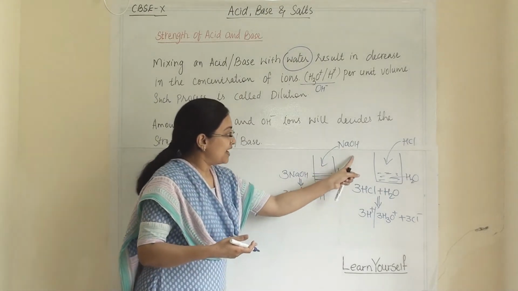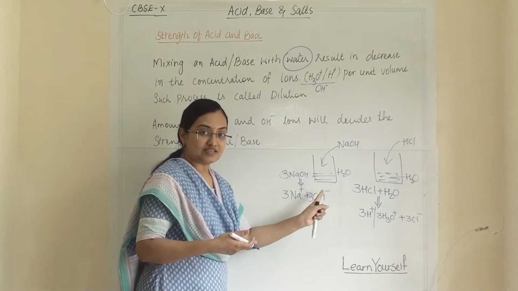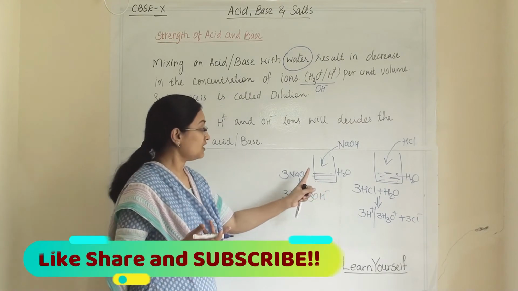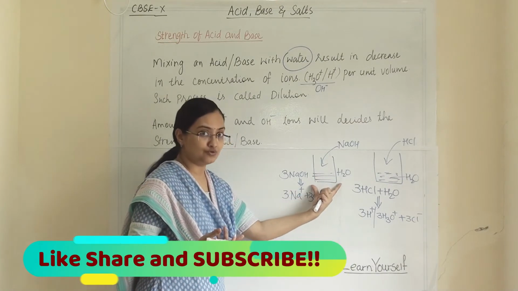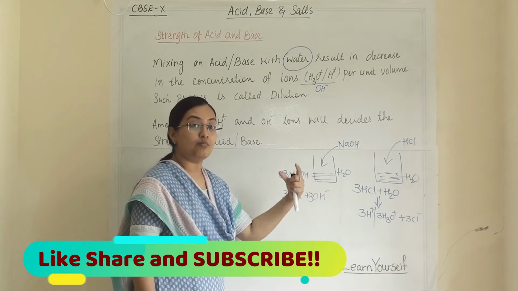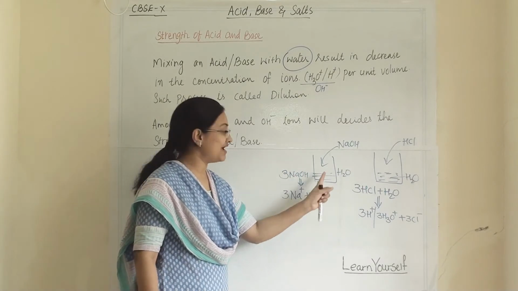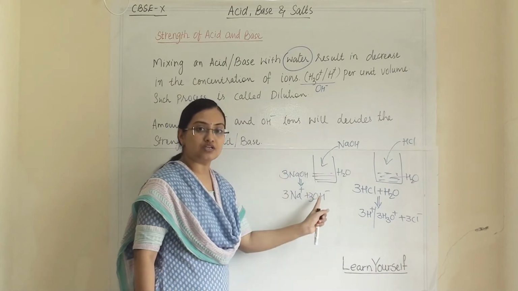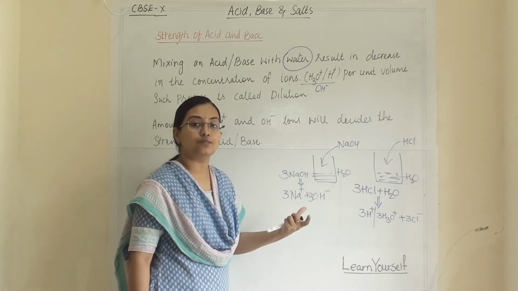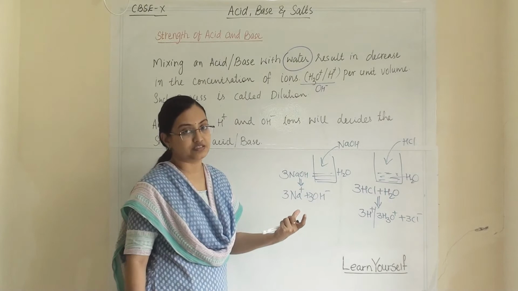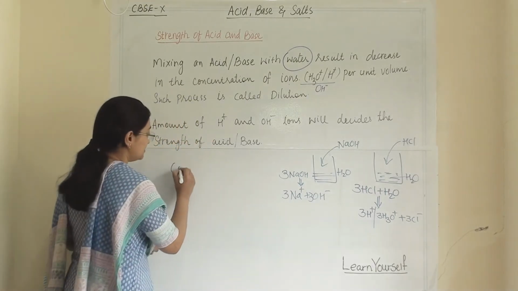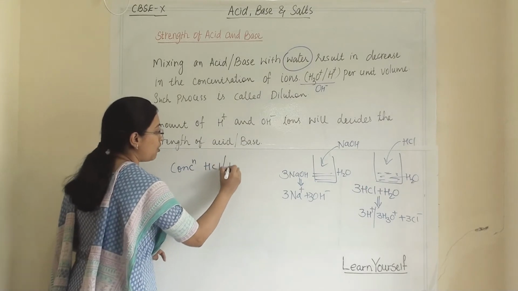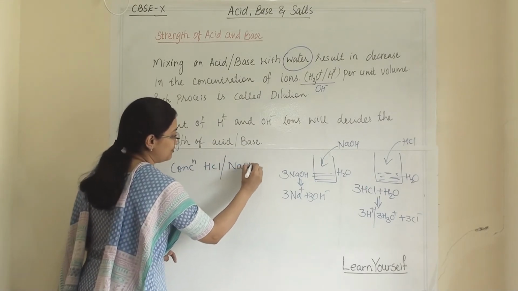So when you are adding more and more acid, this will become a concentrated solution. If in this solution the amount of water is more, then this is a diluted base. But when the amount of base is more, then this is a stronger base or concentrated base. We have seen concentrated hydrochloric acid or base in our laboratory.